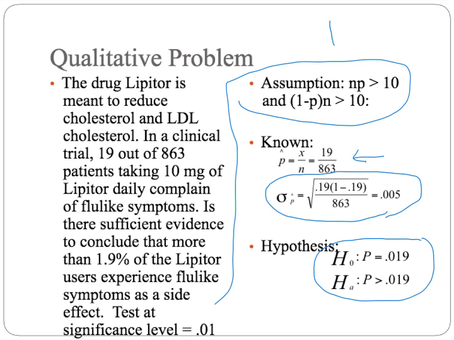So here's the hypothesis test. We're looking to see, based on the question, is there evidence to conclude that more than 1.9% of the Lipitor users experience flu-like symptoms, and so that's how we get our hypothesis test.